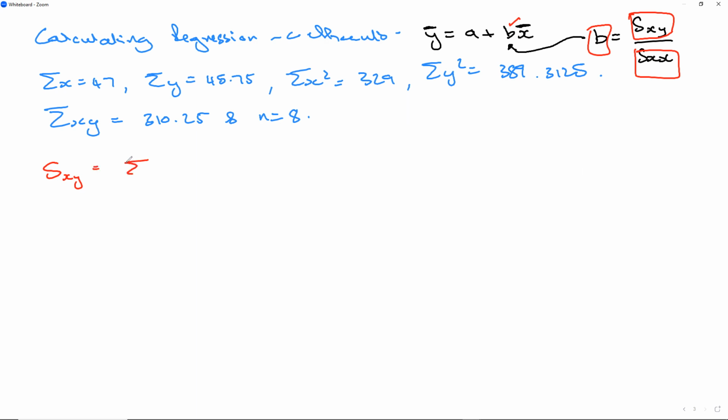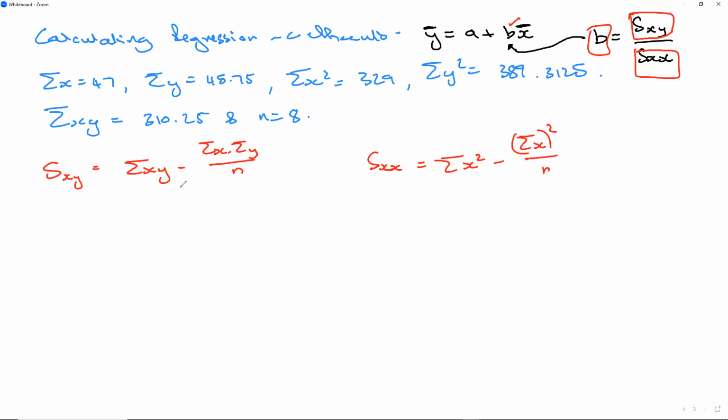Alright, so sxy, remember, is given by the sum of xy minus the sum of x times the sum of y over n. And sxx is given by the sum of x squared minus the sum of x, which we've seen before, over n, right?